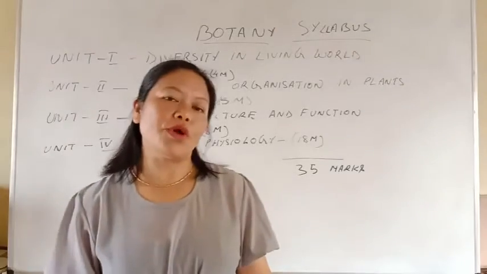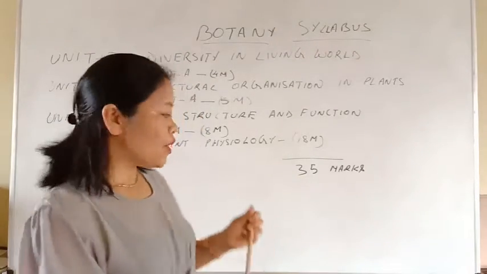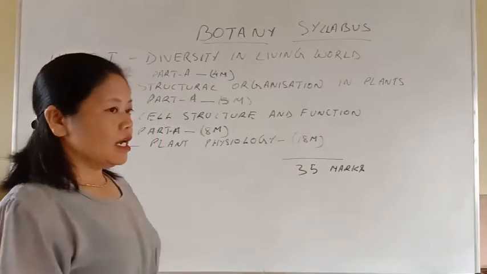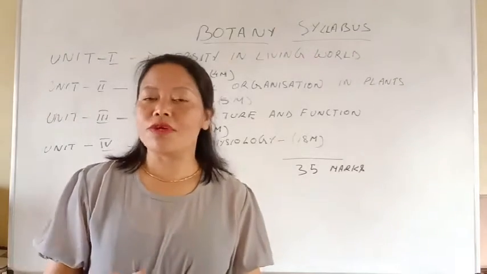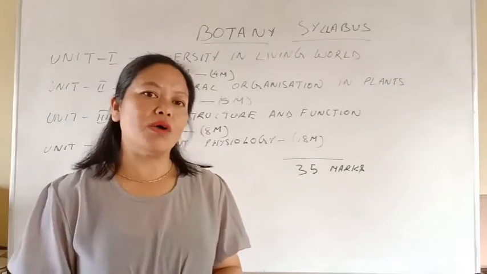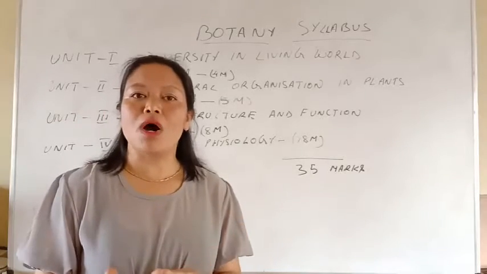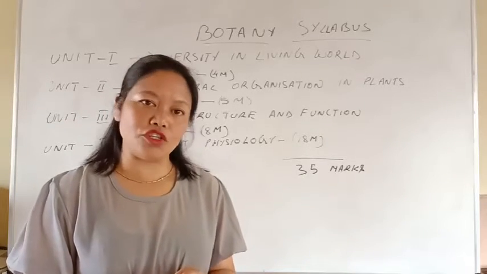Here is what you are going to study in unit 1, diversity in the living world. You are going to study the different terms related to taxonomy and systematics, the classification of plants into major groups, and the classification of angiosperms.